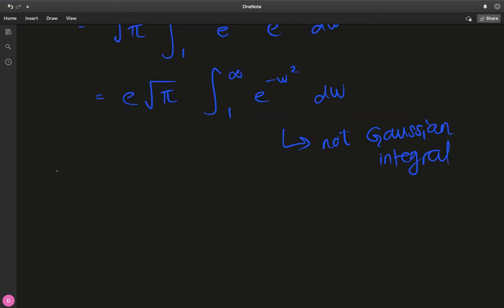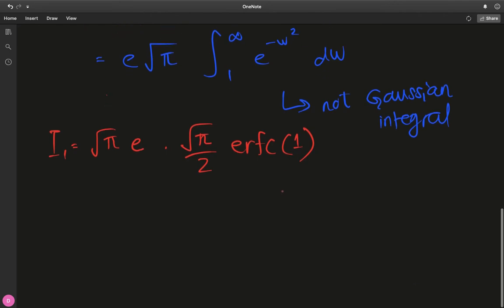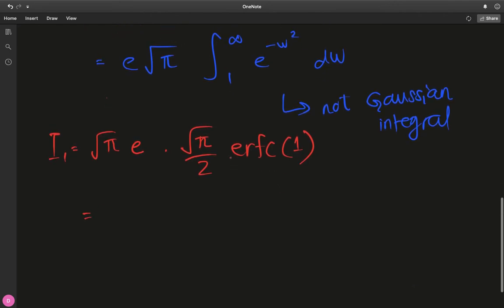So I1 now is just going to be this square root of pi times e times square root of pi over 2 times the complementary error function of 1. So simplifying this will just give us e times pi over 2 times the complementary error function of 1. Fair enough, that's I1 now.